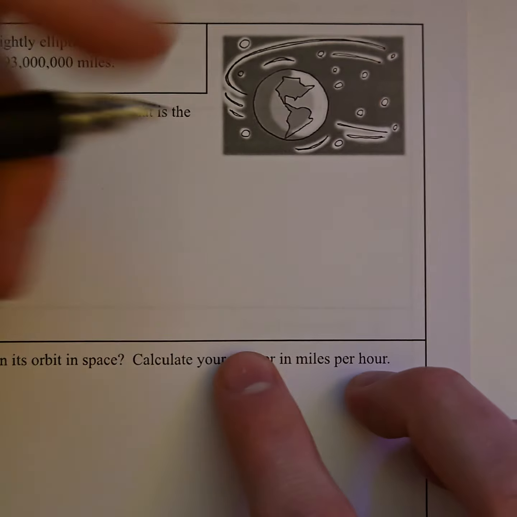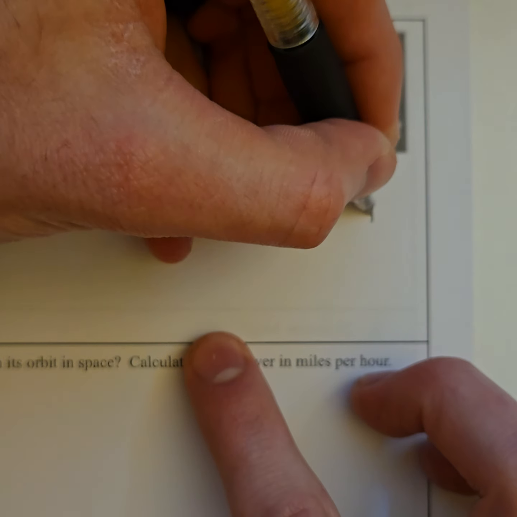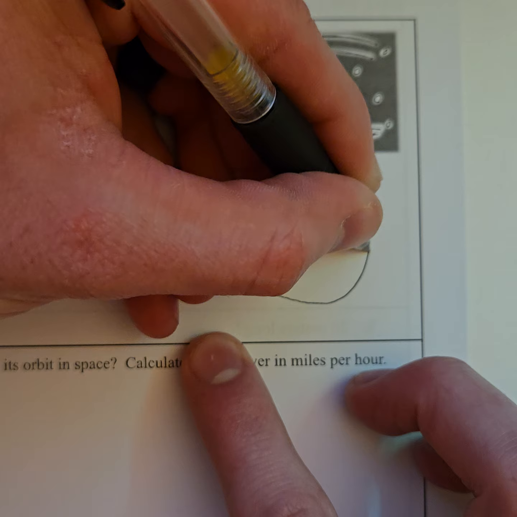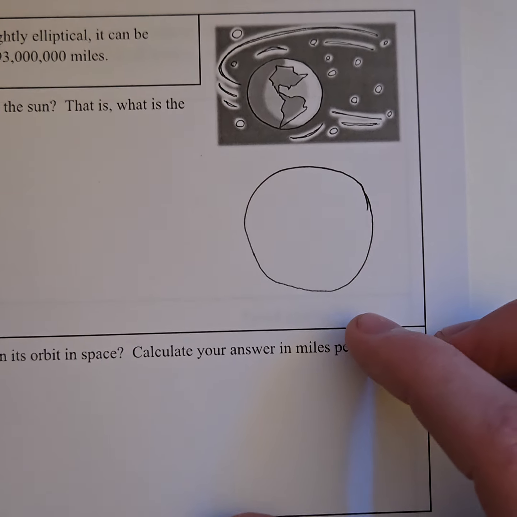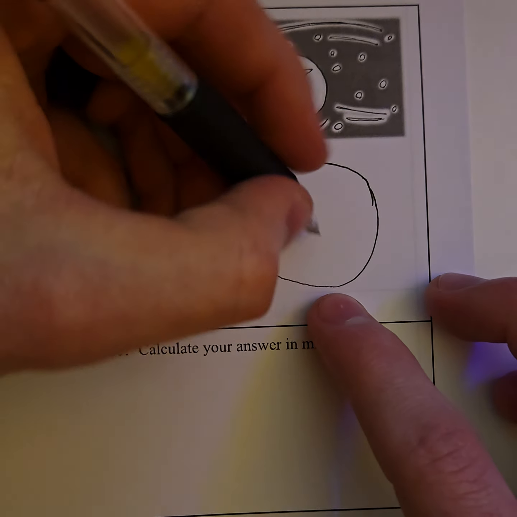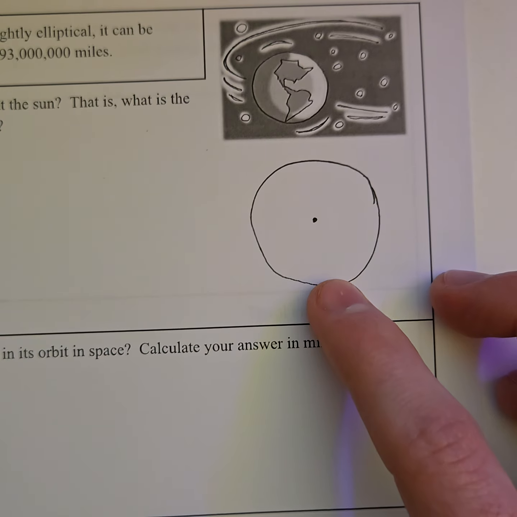I'm going to draw it off to the side here. So let's just draw a circle. And now they say it's not an exact circle, it's slightly elliptical. So it's just a model of this, okay?